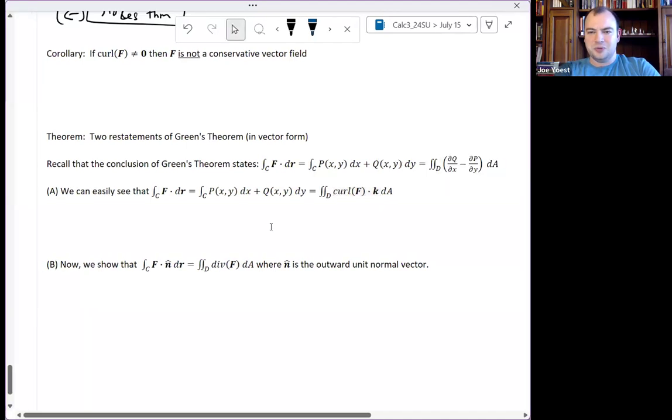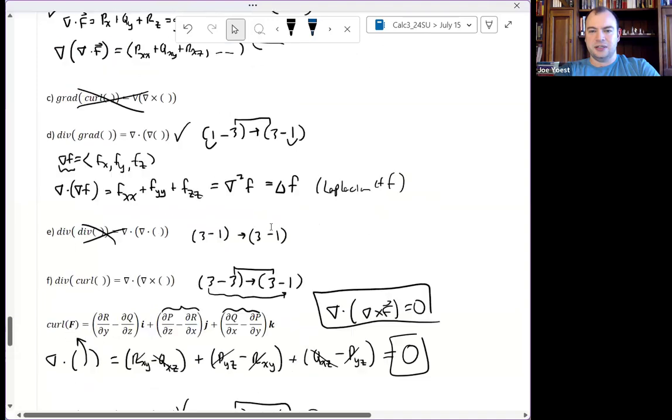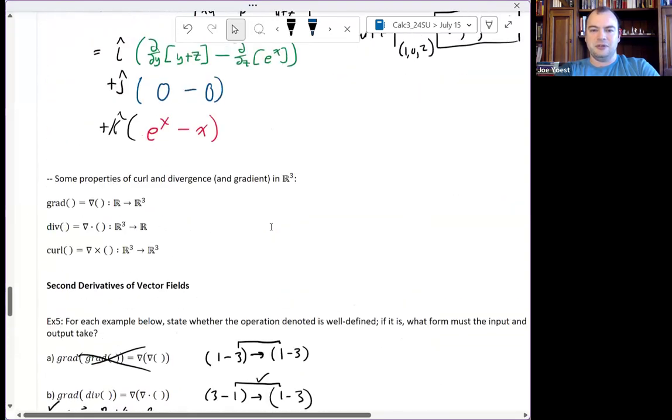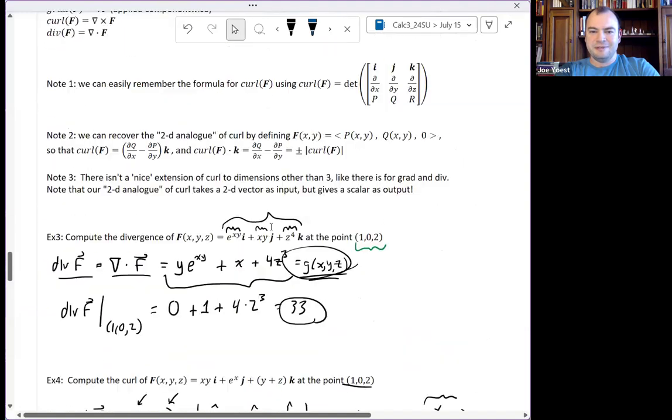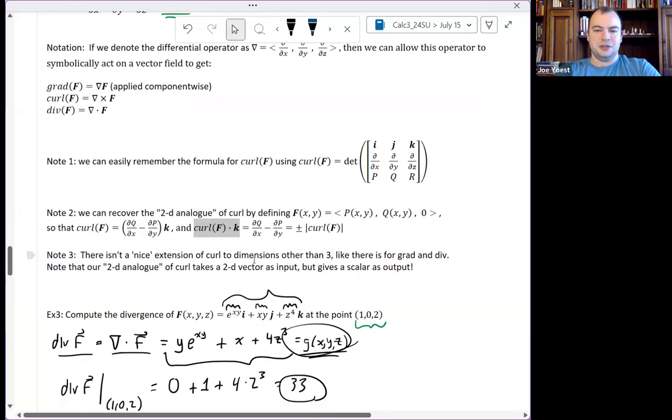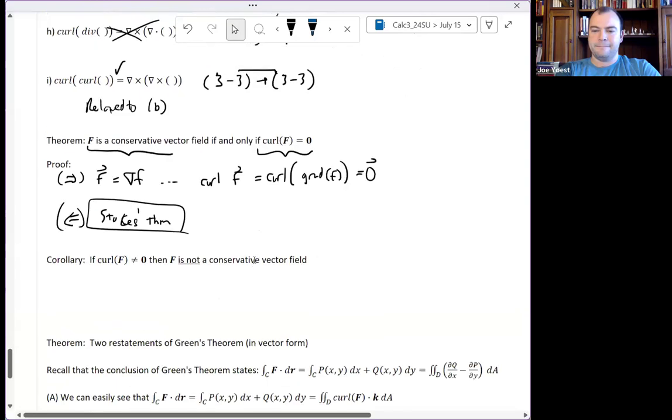But of course, as we mentioned before, curl F dot K is just exactly that, Qx minus Py. So this Qx minus Py, the stuff from the inside of the integral in Green's theorem, is just curl F dot K.